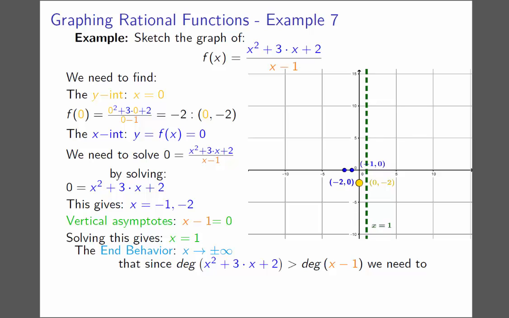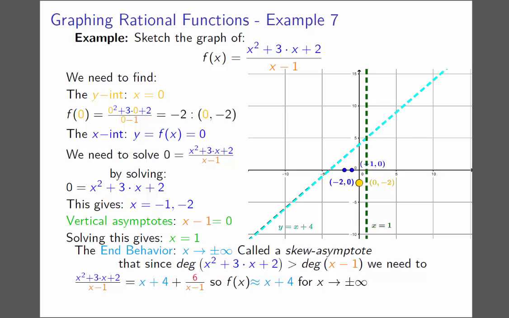Doing polynomial division, we get that we can rewrite our function f of x as x plus 4 plus the remainder 6 divided by x minus 1. And as x gets very large, 6 divided by x minus 1 gets very small. It goes to 0. So at our ends, our function f of x behaves like the line y equals x plus 4. This is called a skew asymptote.